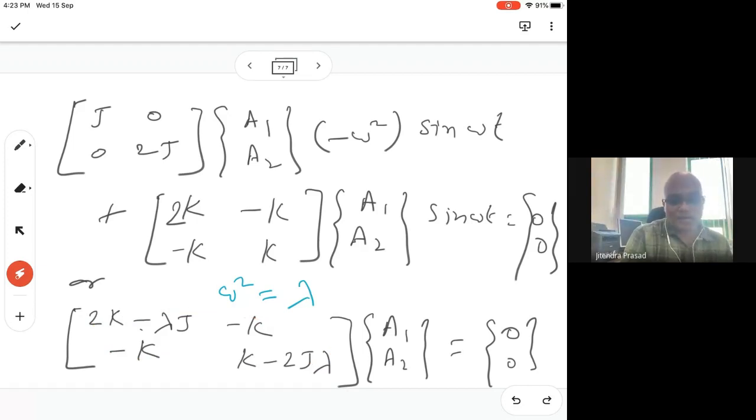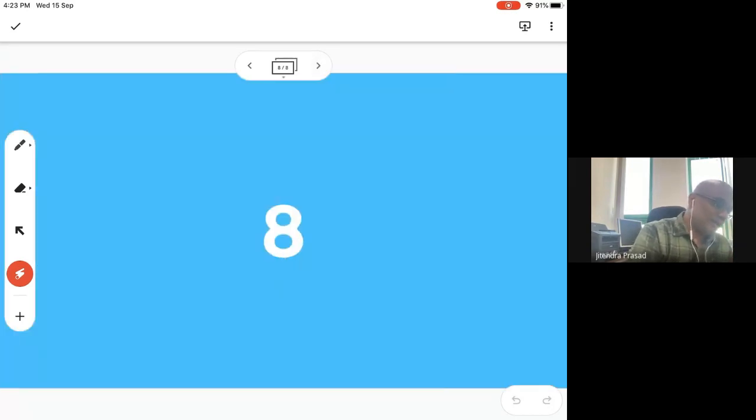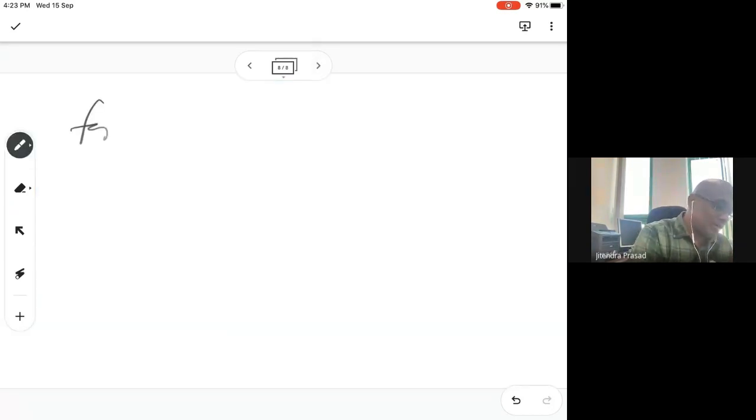And then we can find out the value of lambda. This is one method you can use, that is for A1 and A2 to be non-trivial.